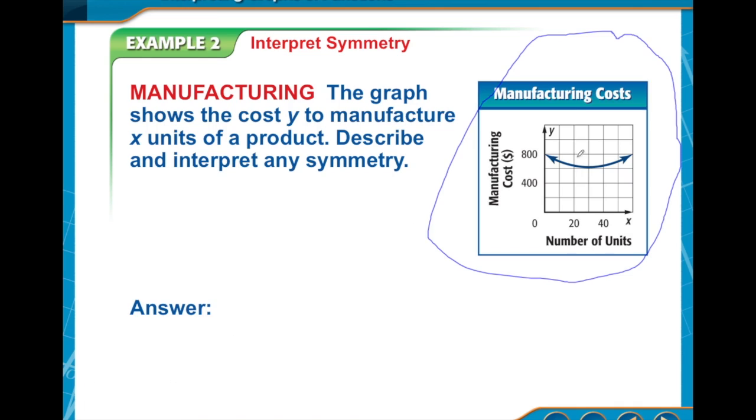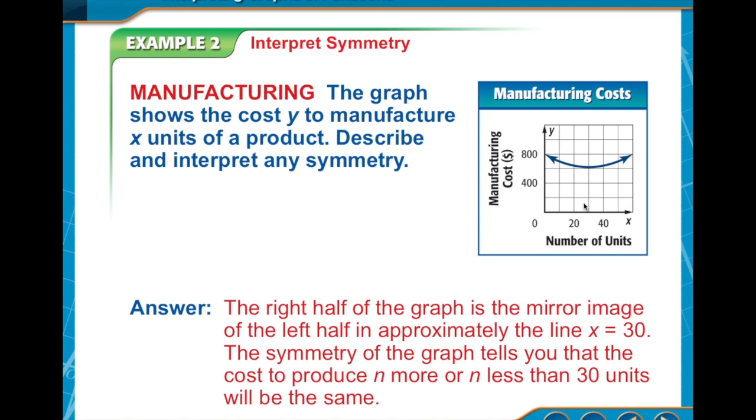So where in our graph does it look symmetrical? Well, I can imagine drawing a perfectly vertical line down the middle of this graph. And you can see that we have the same thing on the left and on the right of this line. So it's perfectly symmetrical about this vertical line here. So we can describe that.